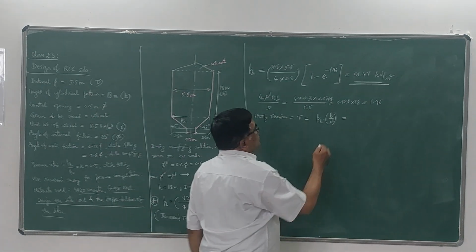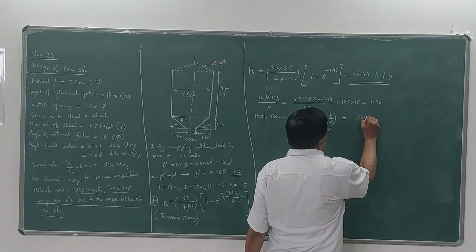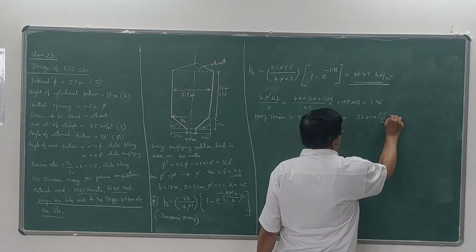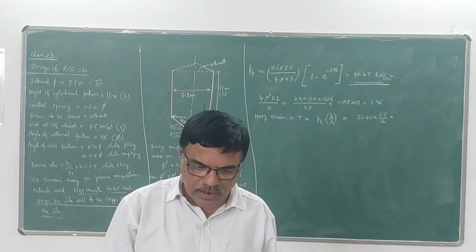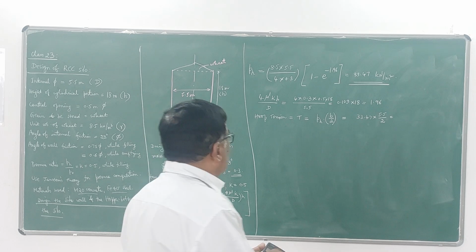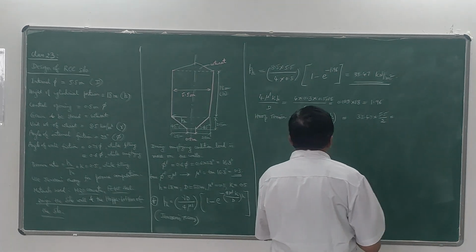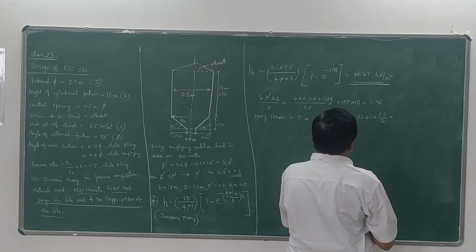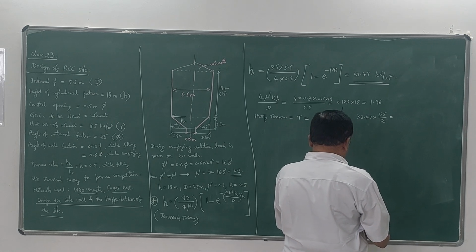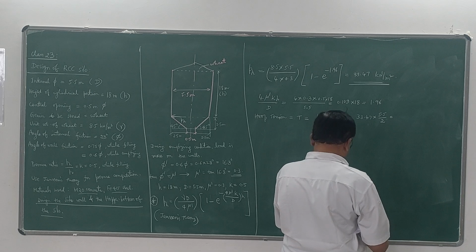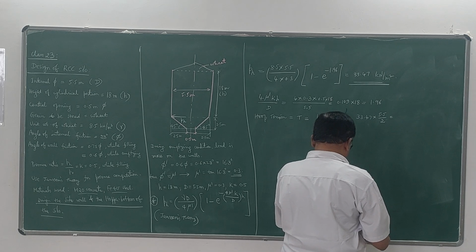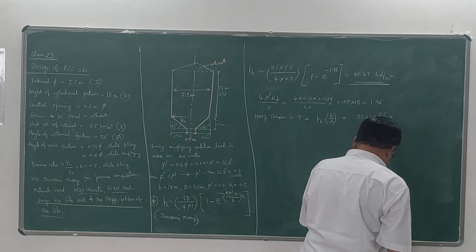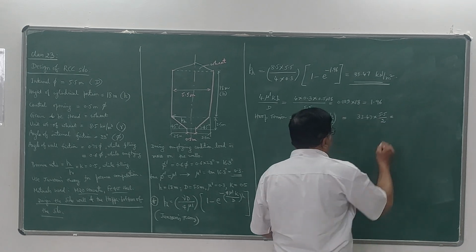Okay. So pH is 33.47 into 5.5 divided by 2. So this value will be the value of tension in kilonewton per meter, of course.